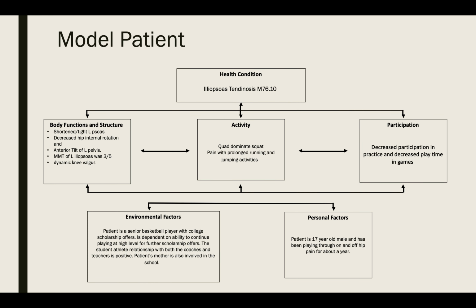So let's talk real quick about the model patient here. This is the same patient I had for previous models of my clinical philosophy. It's a patient with iliopsoas tendinosis.